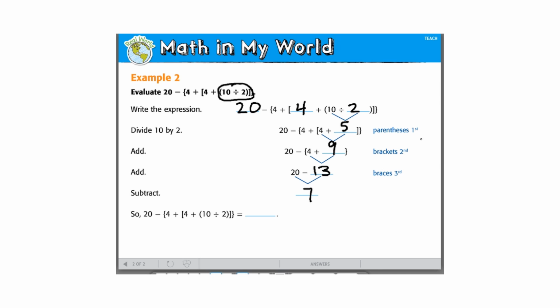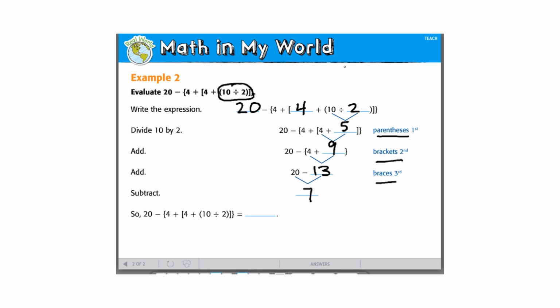7. So do you see how we did parentheses first, brackets second, braces third? So if you feel like in your notes you want to write that because maybe this part seems a little bit confusing to you, then you could write this.